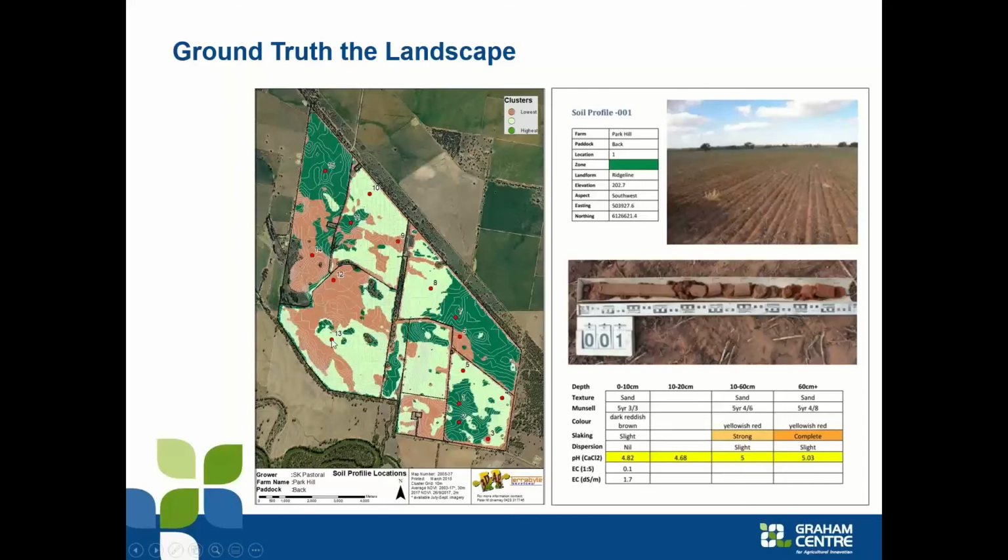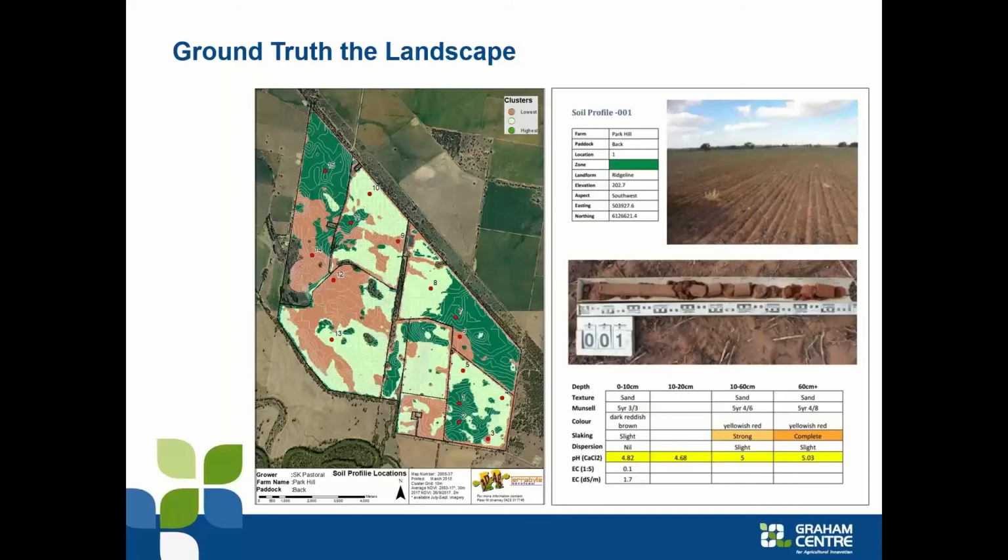We then go out and take 15 or 20 or however many metre and a half soil profiles and actually describe the soil landscape. And once we've done that, we can then identify where the areas are where drainage is likely to be an issue, where it might be pH, where it's compaction, where it might just be new.